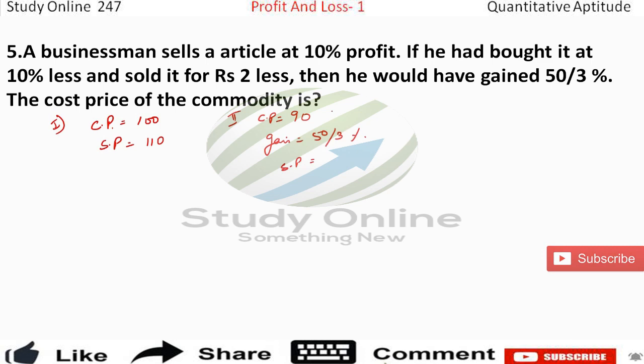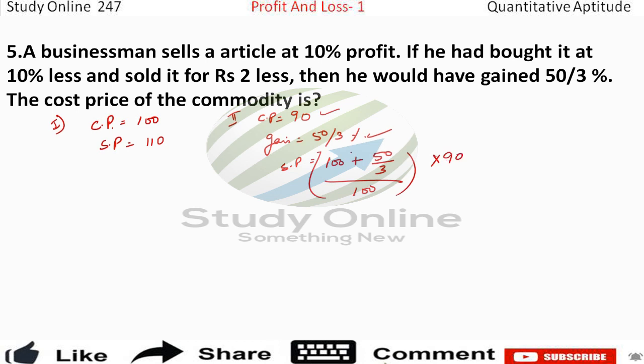Okay, so see, if we have the cost price and gain, we can find the selling price. So what would be the selling price? The selling price would be (100 plus profit percentage) upon 100 into the cost price. That is this percent of this is the selling price on the cost price.